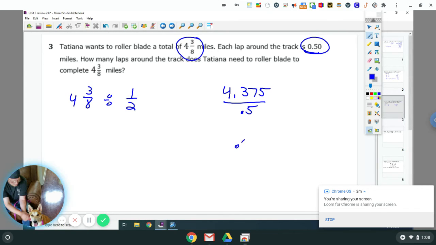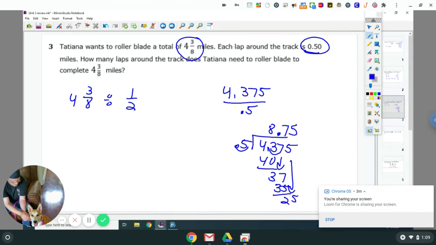If I do it this way, you can't have a decimal on the outside, so you're going to have to move this once, move this one, so it's in between the 3 and the 7. So 5 goes into 43 8 times. And then 7. And then 5. So you get 8.75.